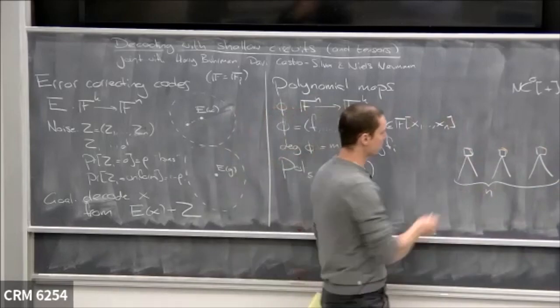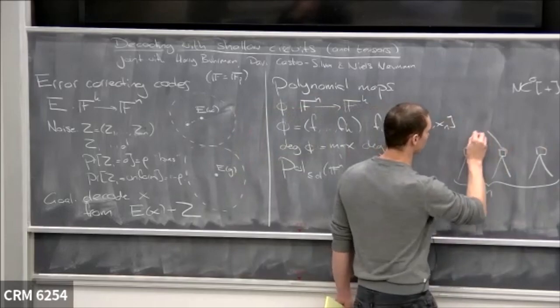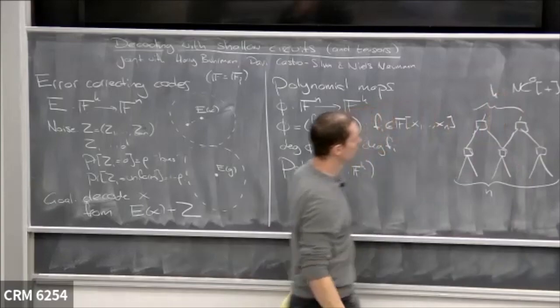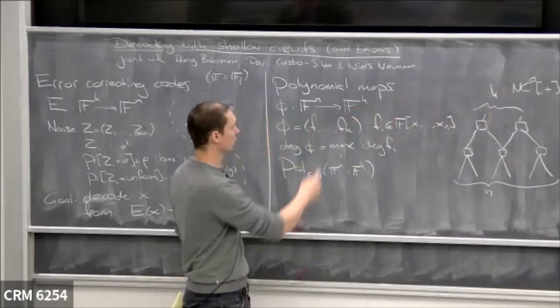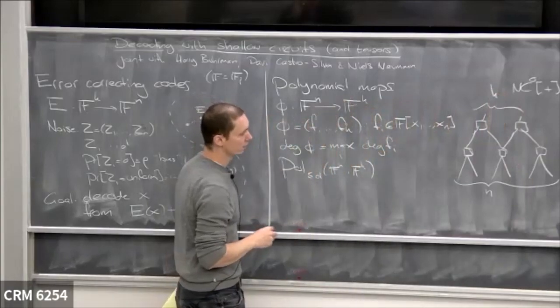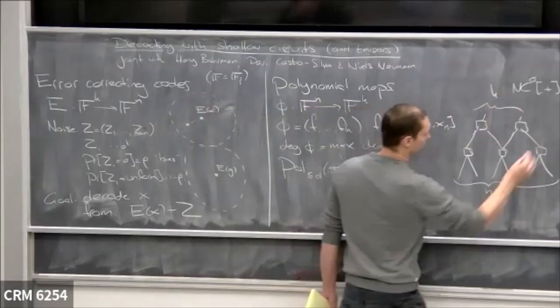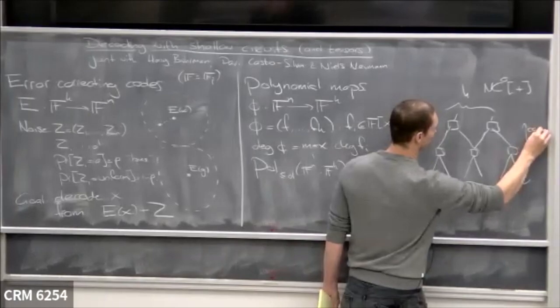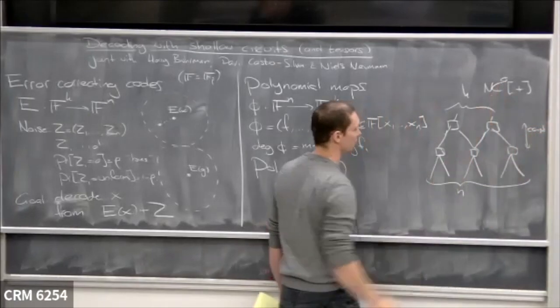And maybe some more layers, and then on the top, k output leaves that are supposed to spit out an element in F^k. So the number of layers here is constant. That's what this 0 stands for.